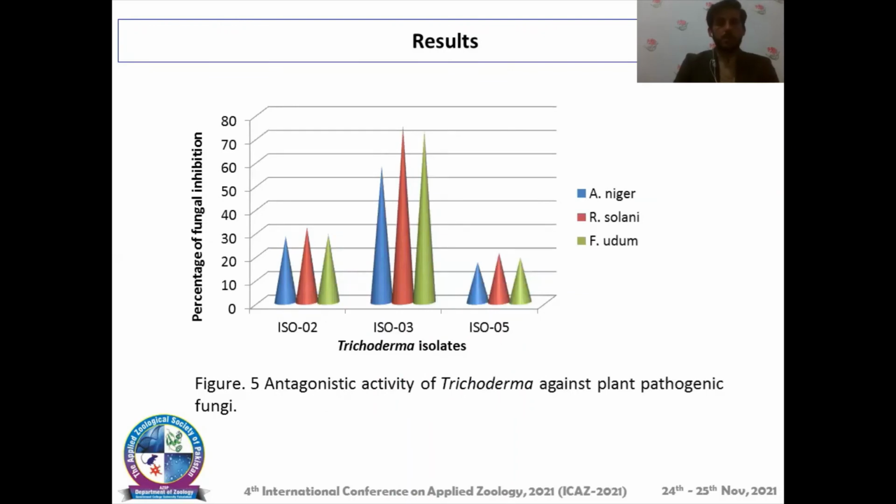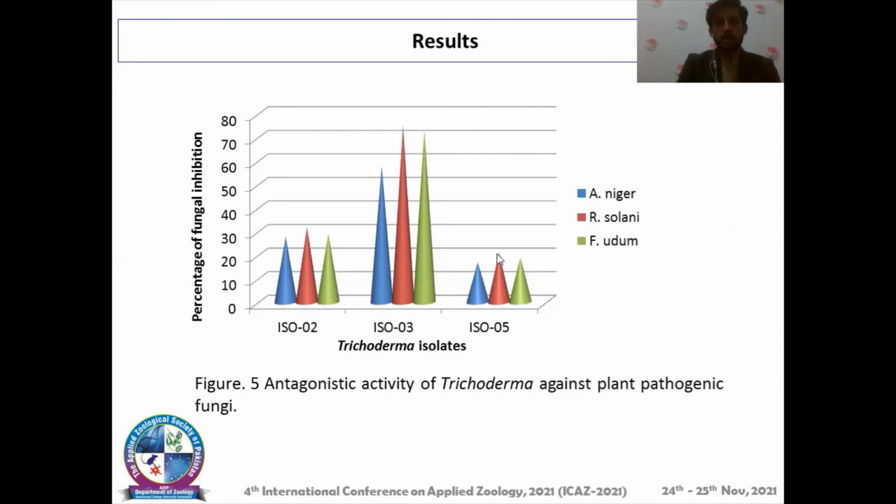Figure 5 shows the antagonistic activity of Trichoderma against plant pathogenic fungi. The highest activity of Trichoderma isolates was noticed in isolate 3. The fungal pathogens were Aspergillus niger, Rhizoctonia solani, and Fusarium aureus.